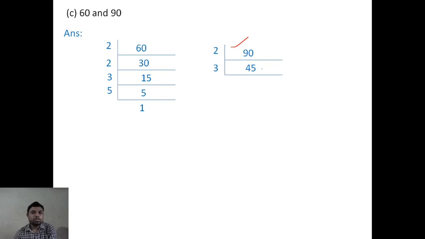You can do this by 9 also, but don't take that; first 2, then the prime factor 3. Always take prime factors, remember it. If the order is changed, that is no problem, but you cannot take anything other than prime factors.